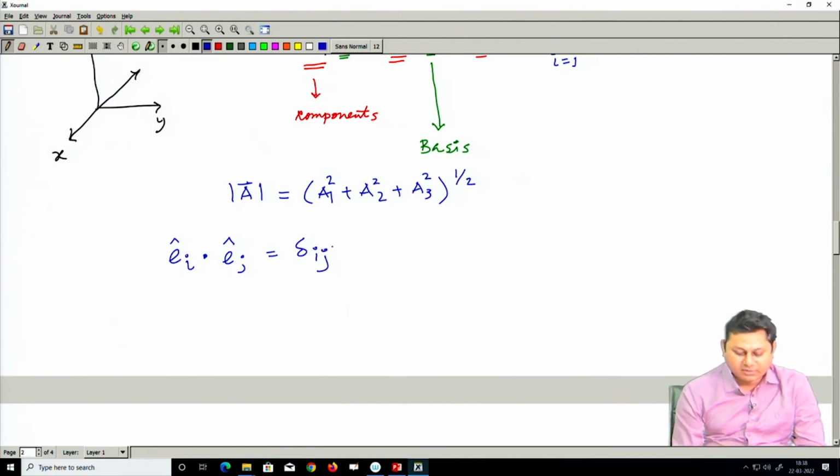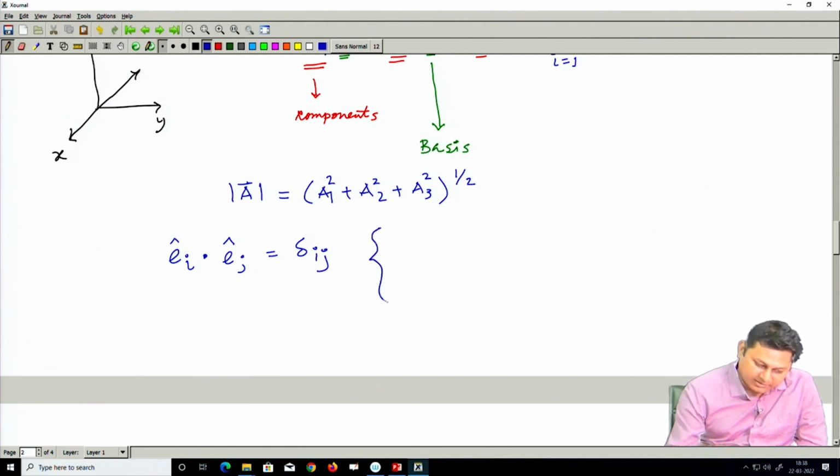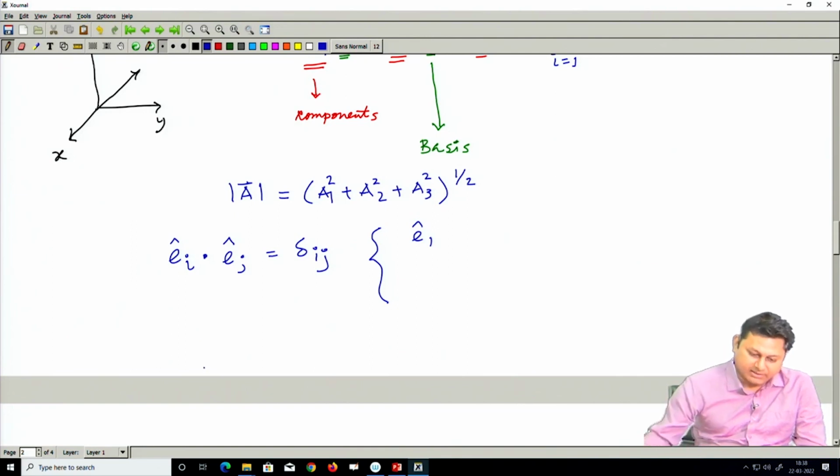What is delta ij? I will just discuss, but that means if I now write in an explicit way, i, j, k can take the value 1 to 3. 1 to 3 means here x, y, z.